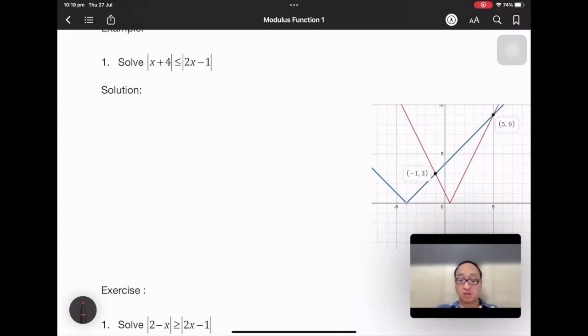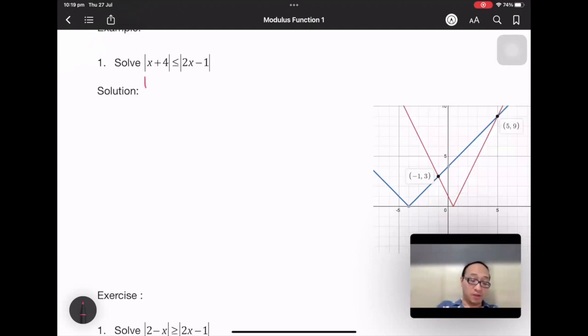So to solve this, we can just use the equation, equals to this one. And since both sides are absolute values, I can guarantee that both sides will always be positive. So I can just square it. So this is squared.